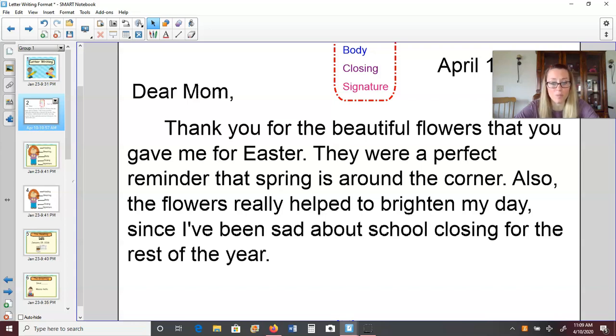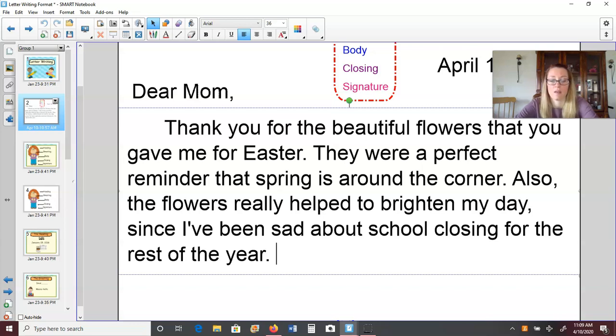So I wanted to let my mom know that the flowers really helped to brighten my day since I've been sad about school closing for the rest of the year. And then let's say the colorful flowers are, I want to talk about how they smell because they smell really good too.